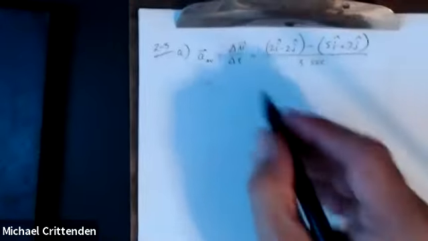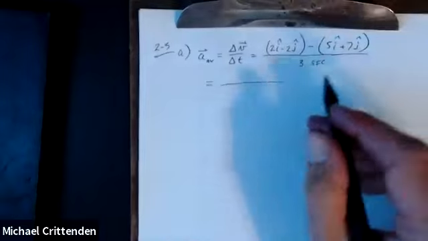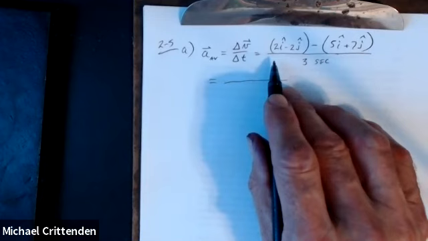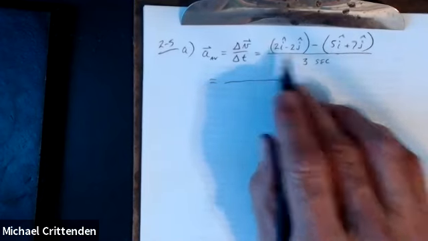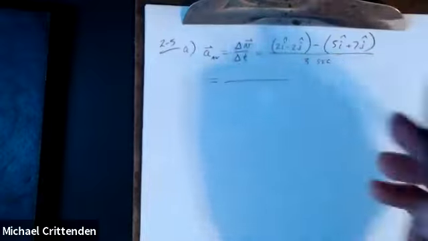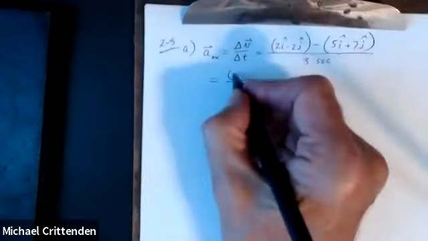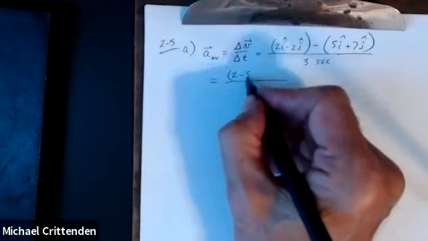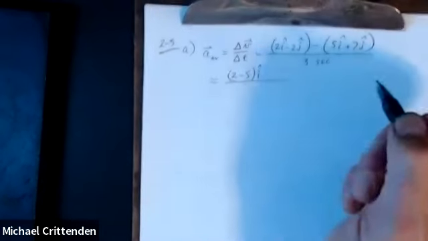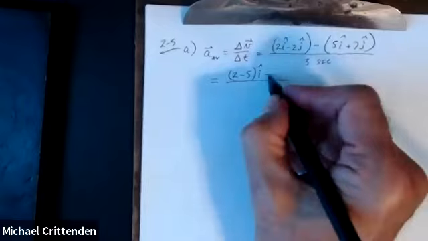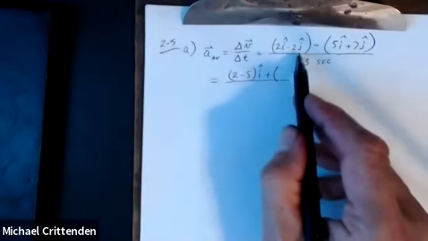Okay, well, if you put the two i terms together and then factor out, maybe I should write that out. You've got 2 times i here, and you've got negative 5 times i there. And you've got negative 2 times j there. And don't forget to distribute the minus sign.